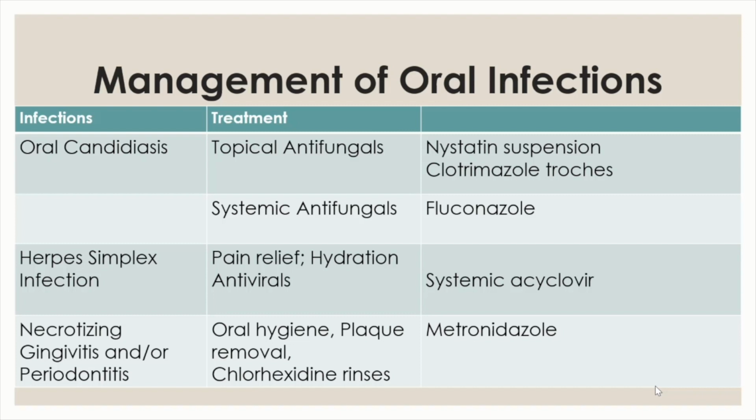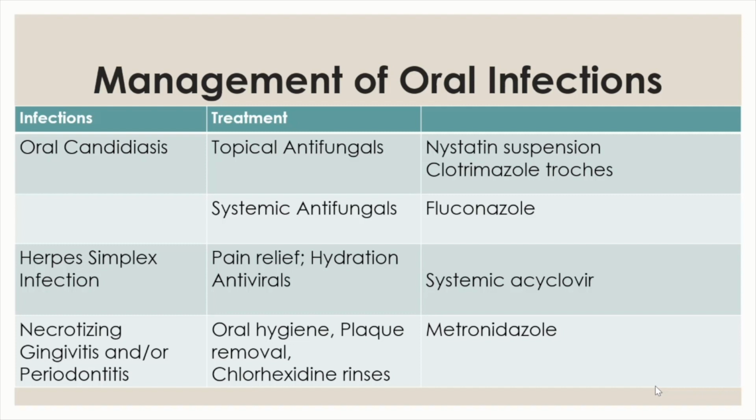Candida infection must be treated promptly and vigorously in any patient with immunodeficiencies. For oral candidiasis, nystatin drops or oral suspensions are effective. If the candidiasis fails to respond to nystatin therapy, clotrimazole oral troches or systemic fluconazole may be indicated.